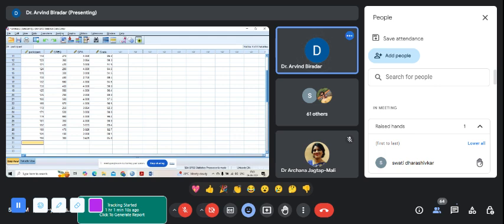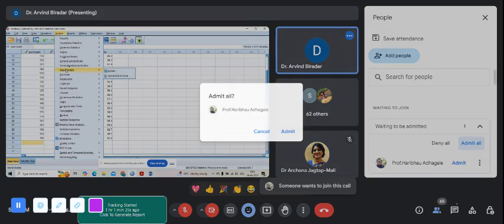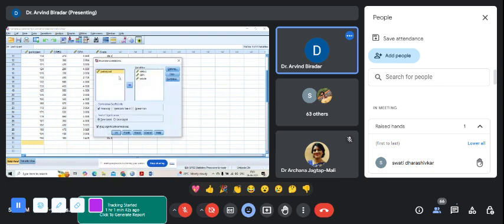Analyze. So these are the three variables.